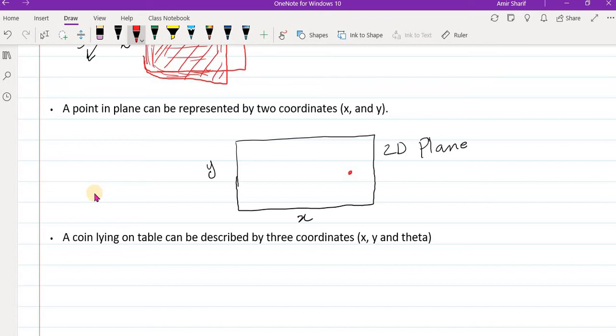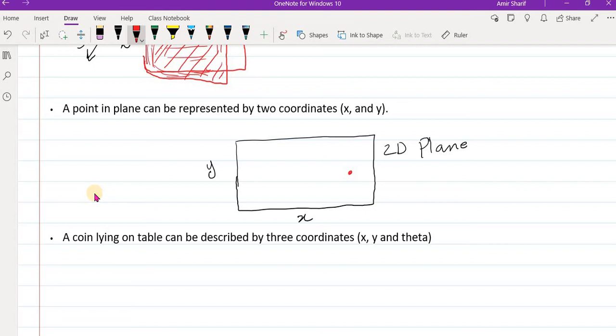A point means we can ignore its dimension, so it's just a point. It's not a circle, it's a dimensionless object.